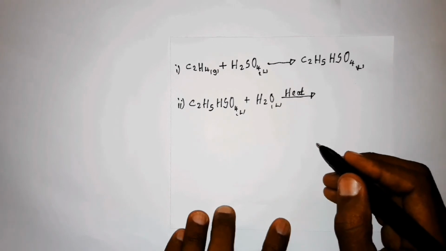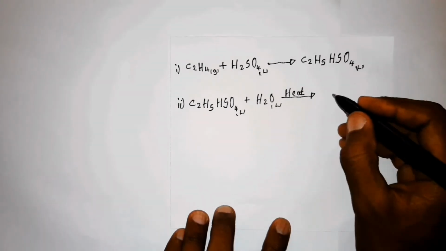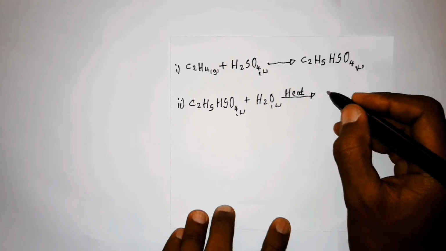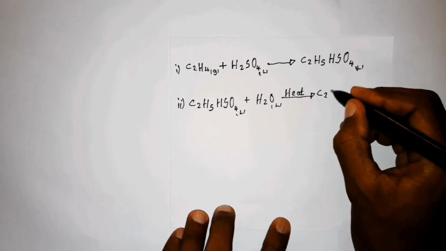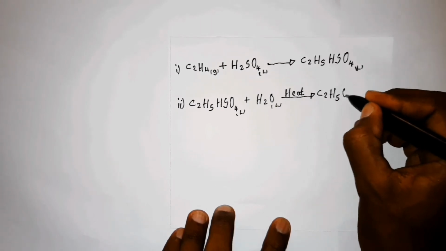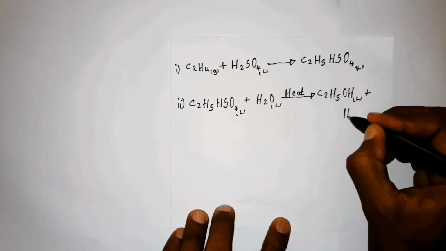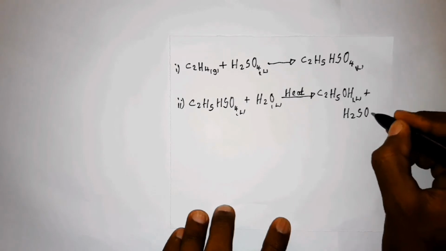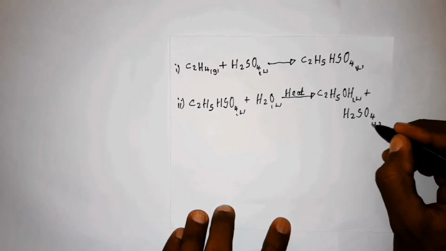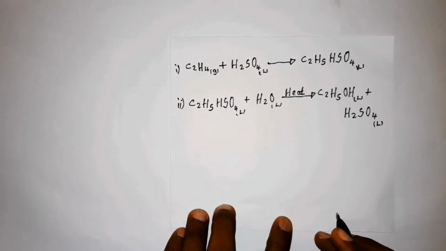So how does this reaction occur? It will form a product of ethanol, that is C2H5OH, which is liquid, plus sulfuric acid, that is concentrated sulfuric acid. So that's how the reaction occurs.